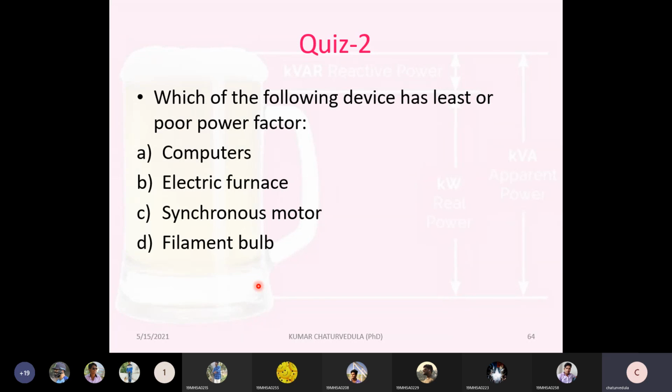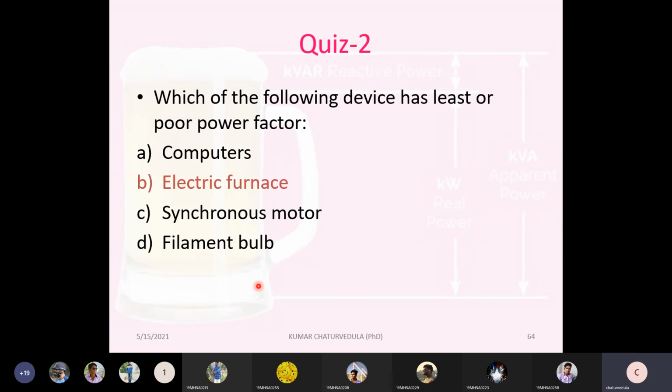A filament bulb has a filament made up of resistance. Yes, it is the electric furnace. So electric furnace is the answer.